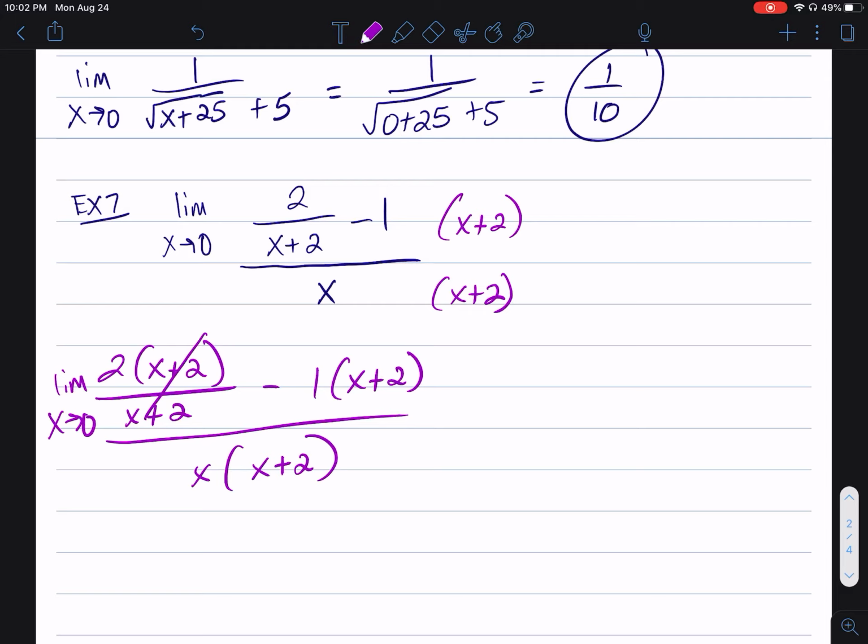So we're going to have some canceling here. We're going to have the limit as x approaches 0 is 2 minus x plus 2. Make sure that that is in parentheses because we're subtracting this whole quantity, not just x. So you want to make sure that you pay attention to that.